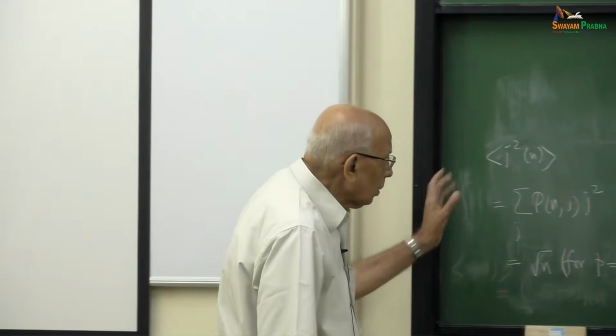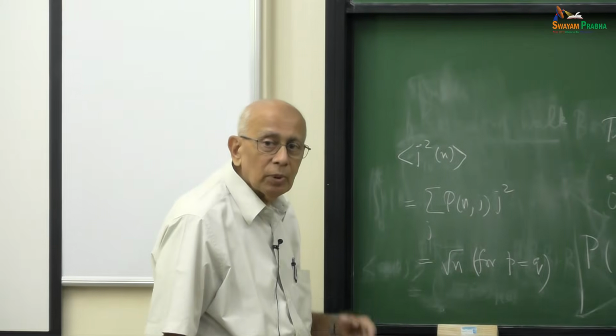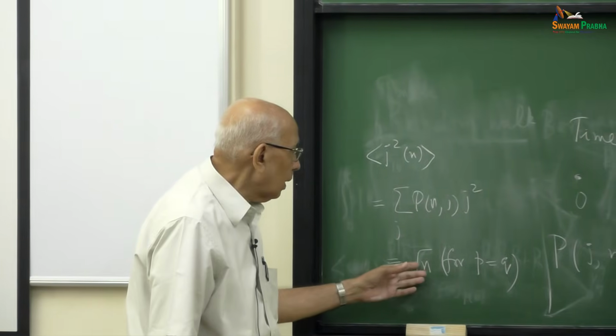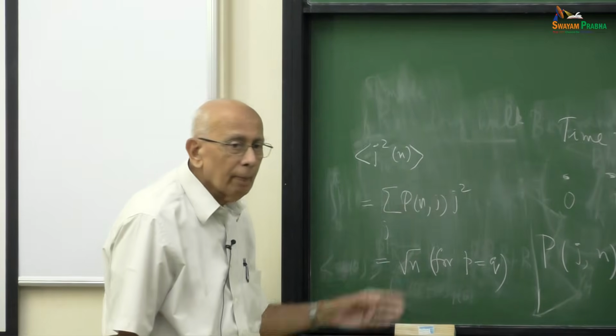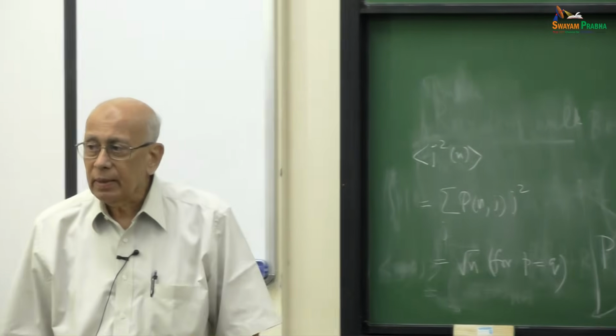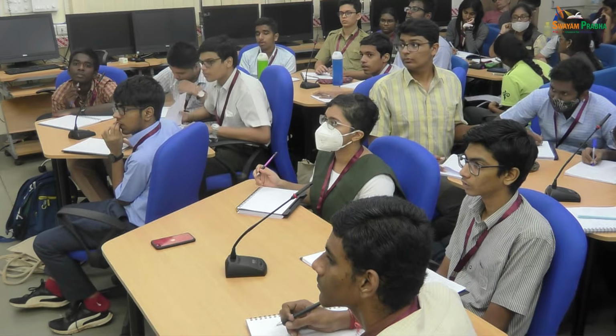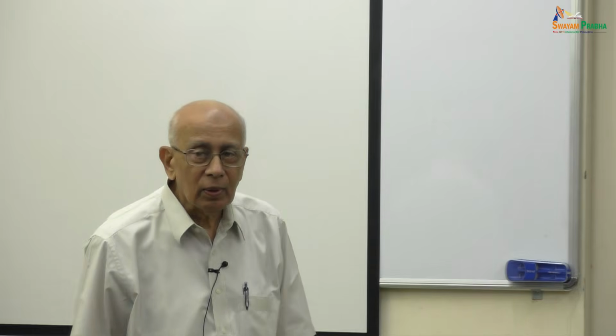Go back to the coin tossing problem. You know the generating function, put that in and find the mean square value of j. And show that's exactly equal to n. Therefore, what's the root mean square value of j? Square root of n. Square root of n.